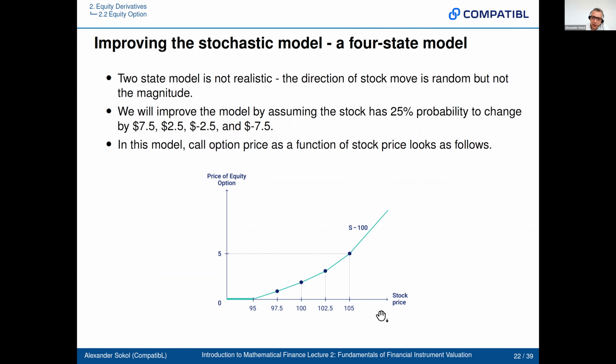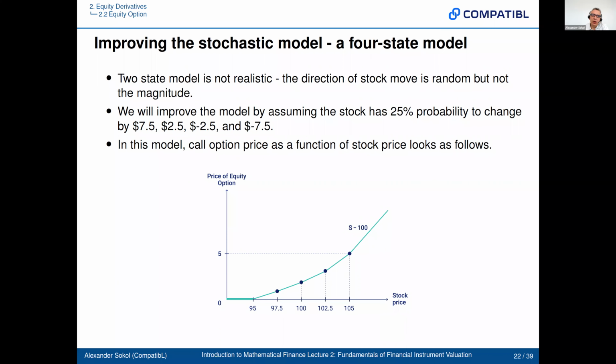And if we keep doing it and assume even more realistic models in which the stock moves in very small increments daily, instead of discrete states... Our first model had a binomial distribution, 2 possible states. Our second model has a quadrinomial distribution, 4 possible states. So now we assume that there is a continuous distribution.